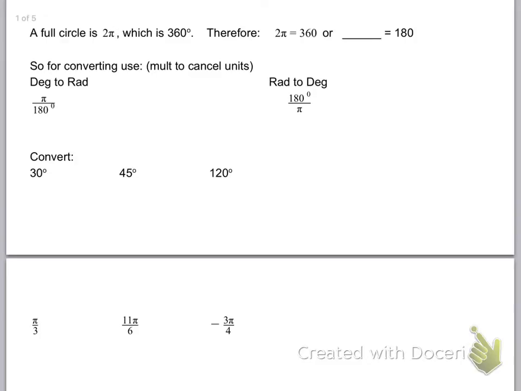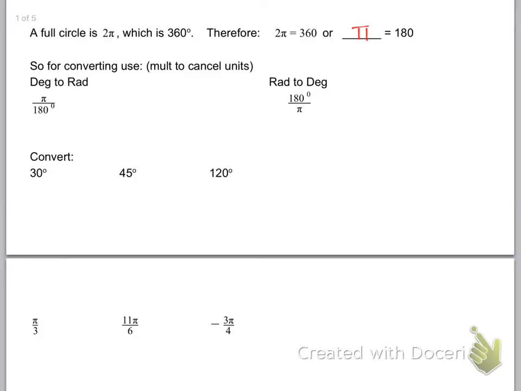There it is. A full circle is 2 pi, which is 360 degrees. So therefore, 2 pi is equal to 360. Or, if I divide both sides by 2, what is 180 equal to? Pi. That seems to be pretty natural. Easy, no? Now, you guys would agree that 12 inches is equal to 1 foot, or 1 foot is equal to 12 inches.